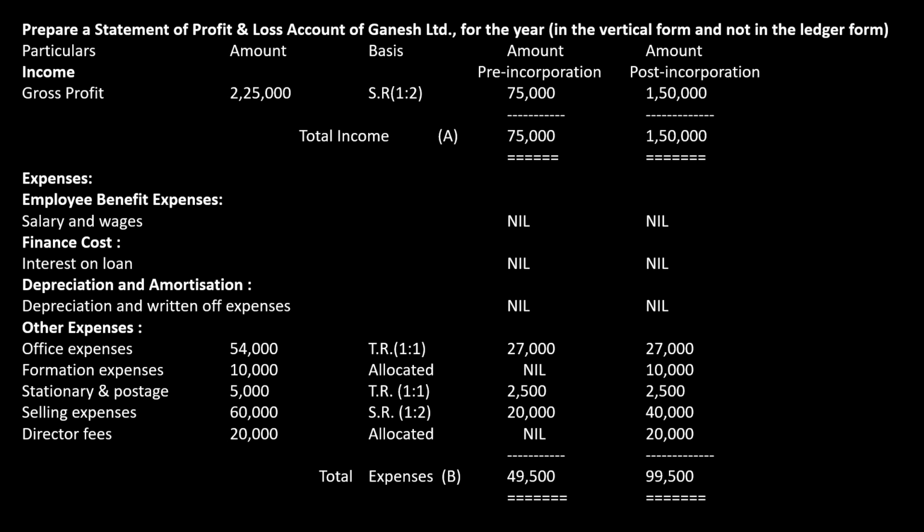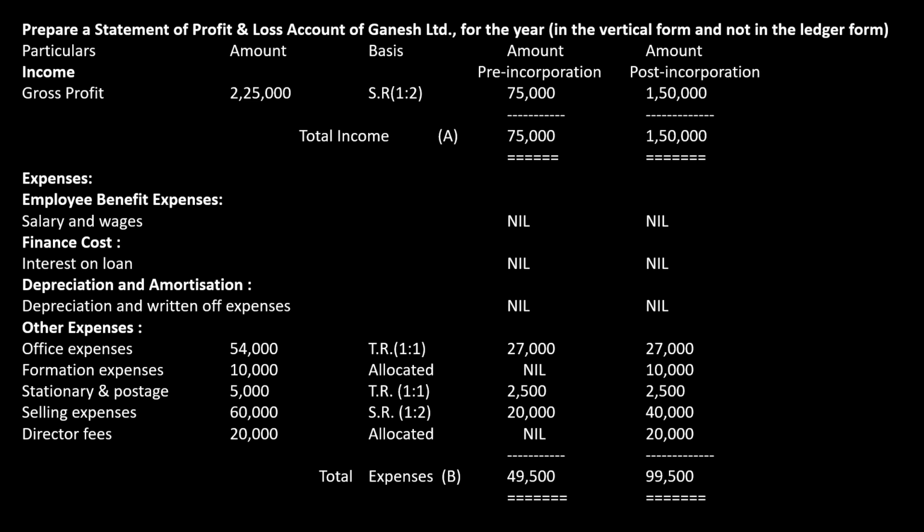Okay, here in simple terms, you are redoing the P&L. Actually, you are redoing a P&L with two amount columns. And this P&L is in the vertical form. Don't forget, vertical form is nothing but you write all your incomes first, then write all your expenses below.